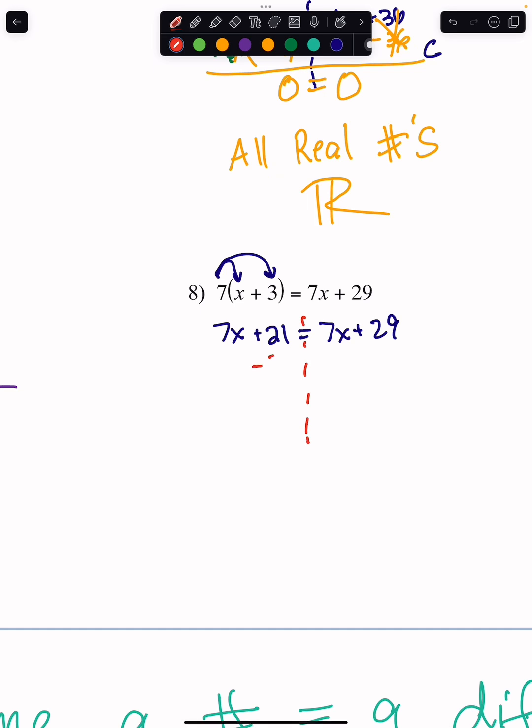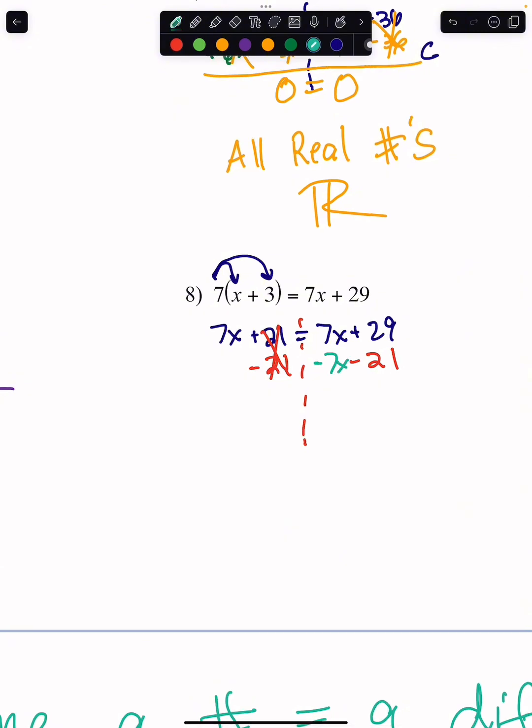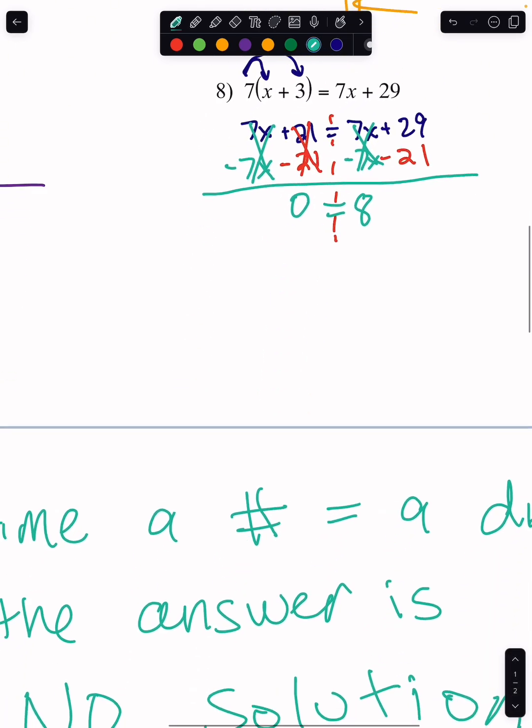That takes care of that. I want all my variables to the left. So bring this one over here. When everything cancels, you have a 0 equals, and then 29 minus 21 is 8. When will 0 be 8? Or what does that mean when you have a number equals a different number? Here it is. That is a no solution.